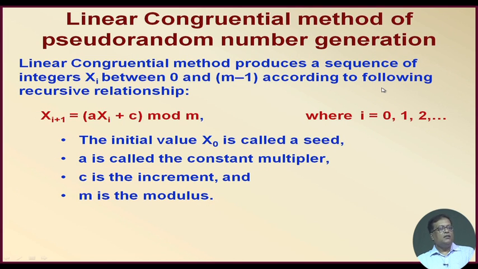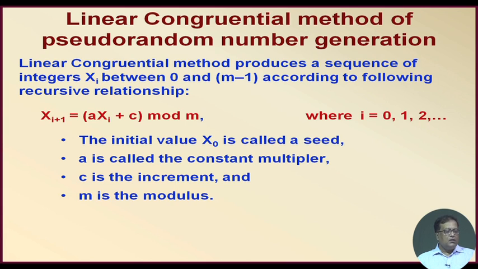Here let us see how we actually generate a random number. One method could be the linear congruential method of pseudo random number generation. So, you see there is a formula given here, X(i+1) equal to (a X(i) plus C) mod m, where i equal to 0, 1, 2, right.